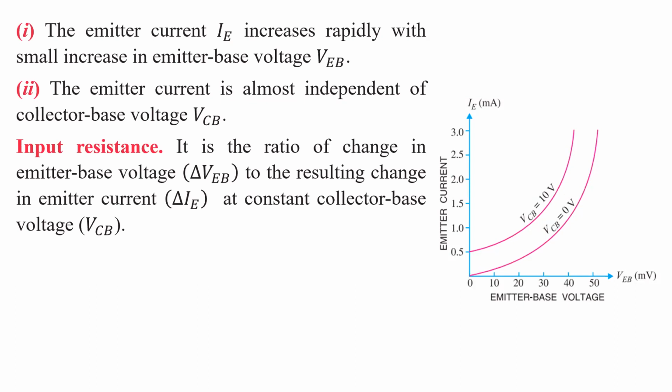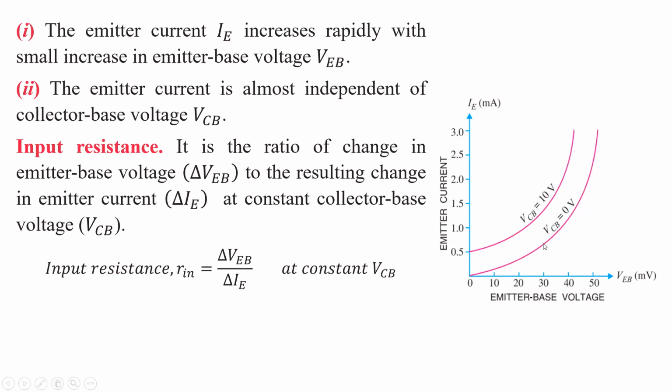That is the change in emitter base voltage divided by change in emitter current, taken at constant collector base voltage, that is the output voltage. So input resistance is given by delta VEB divided by delta IE at constant VCB. That is actually 1 by slope.